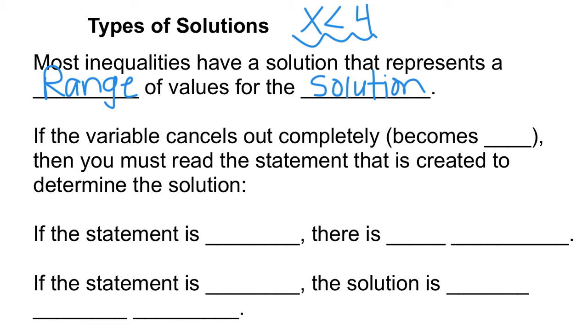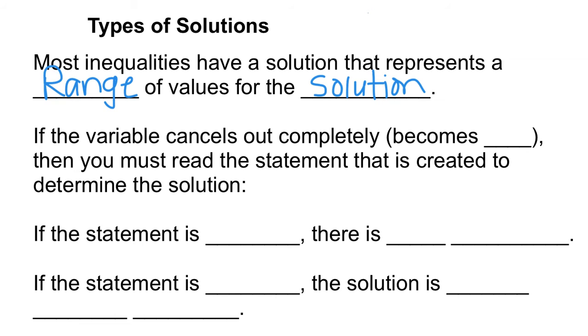And so when we look at giving our answer to an inequality, it's not just like an equation where you have something like x equals 4. If your answer to your equation is x equals 4, the only possible thing x can be is 4. But in an inequality, x can be any number that is less than 4 if you end up with a solution like this. So typically the solution to an inequality represents a range of numbers that could be the answer there, or that could make that inequality true.